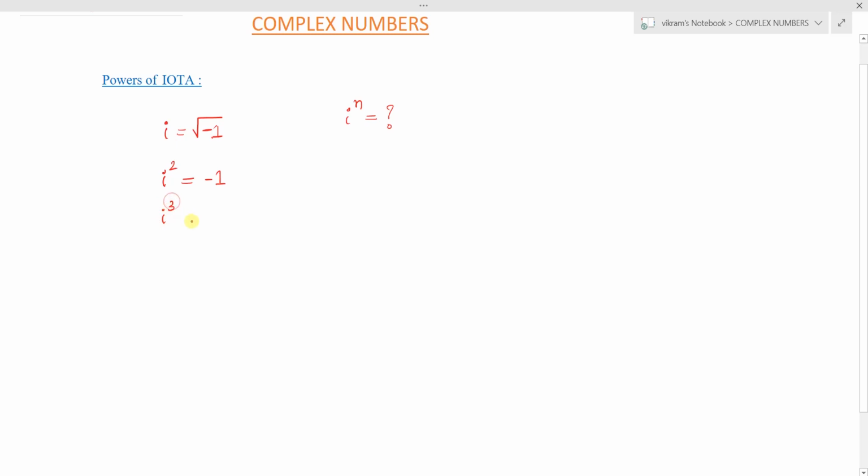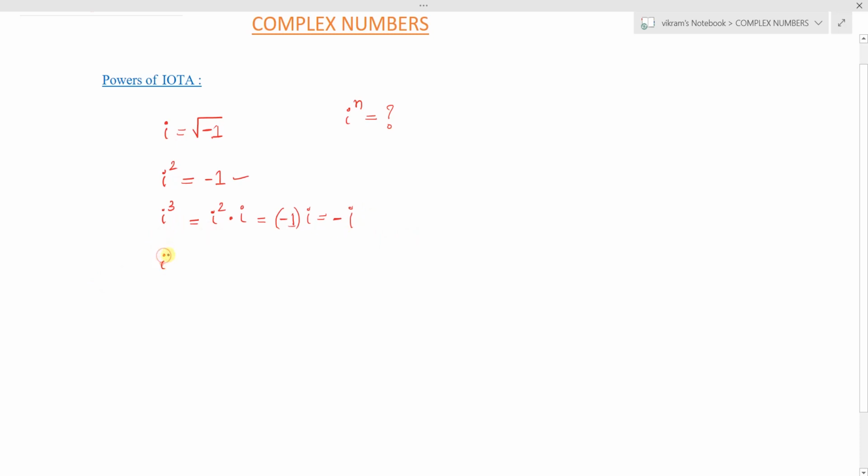Can I write this as i square into i? Since i square is -1, it is -1 into i, so we get -i. So i cube is -i.